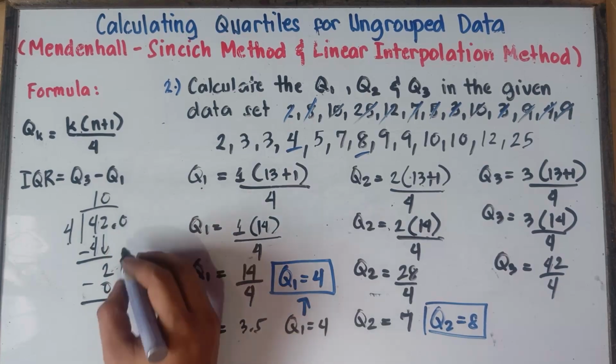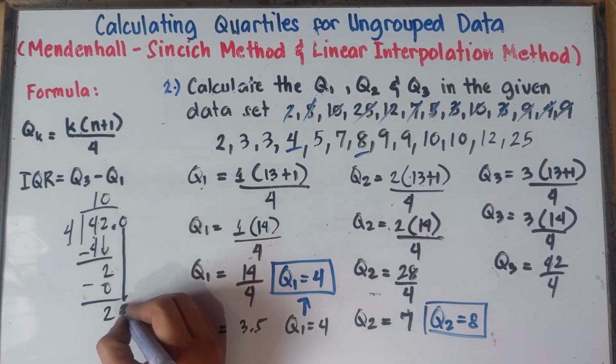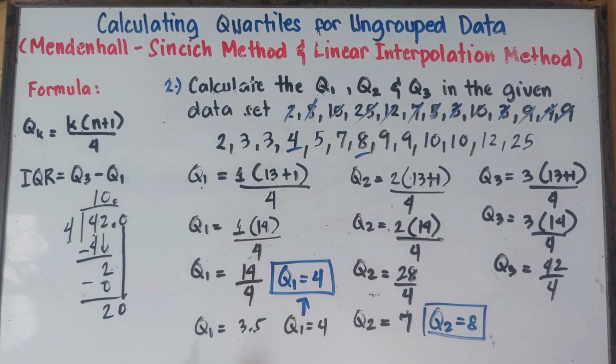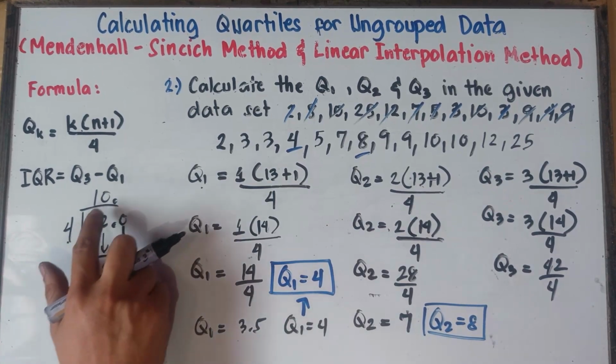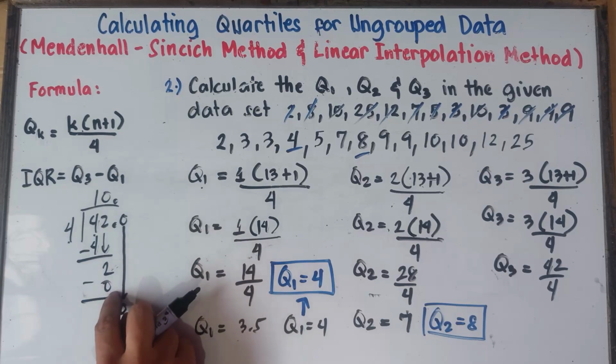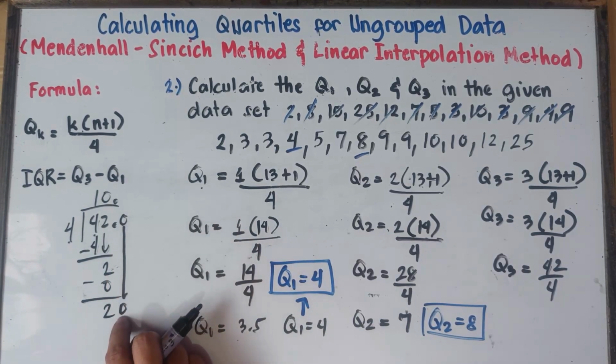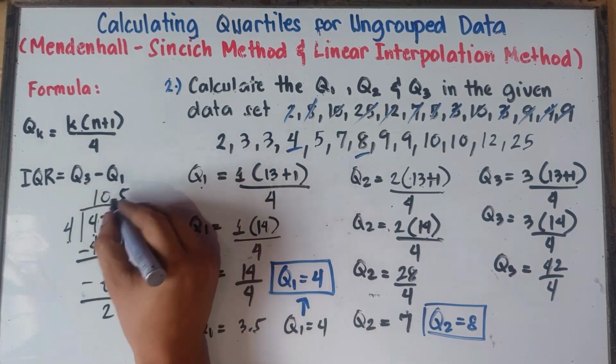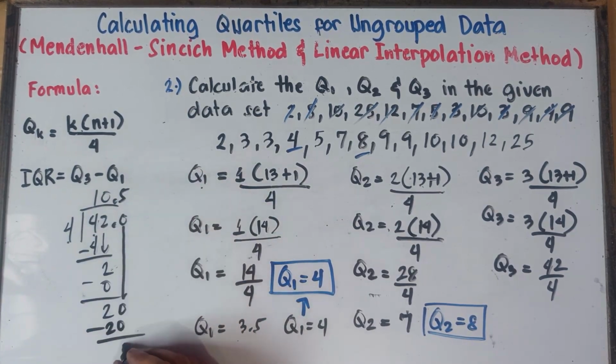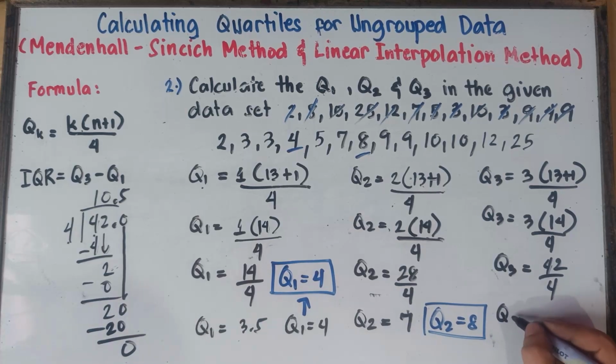Add a 0, bring down 0, and put a decimal. 2 divided by 4 cannot be, that would be 0. 0 times 4 is 0. Subtract. That would be 2. Bring down another 0. So 20 divided by 4 is 5. 5 times 4, that would be 20. Subtract, that would be 0. That would be 10.5. So quartile 3 is 10.5.